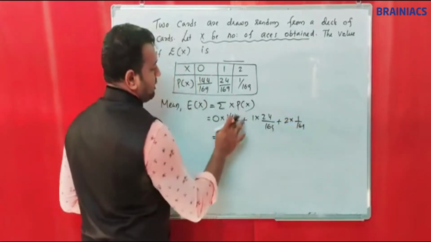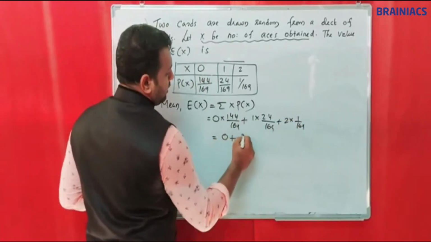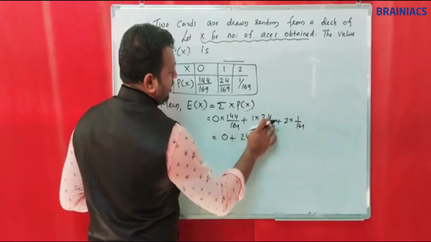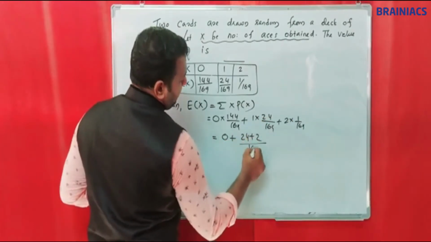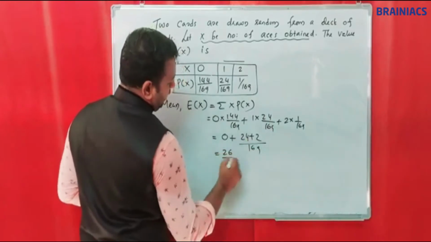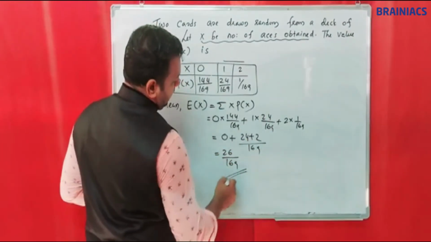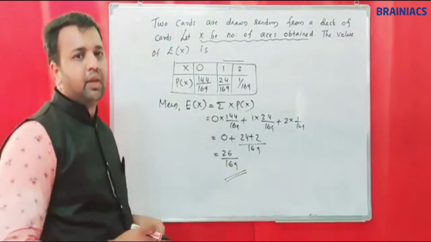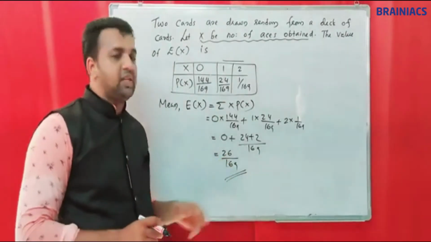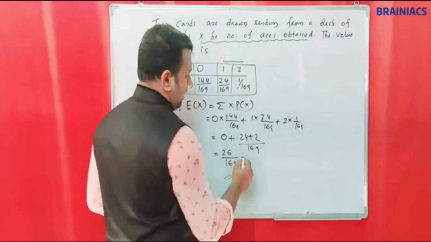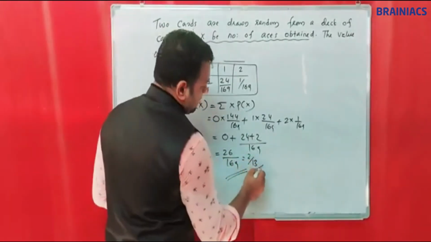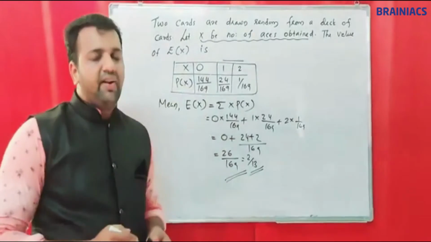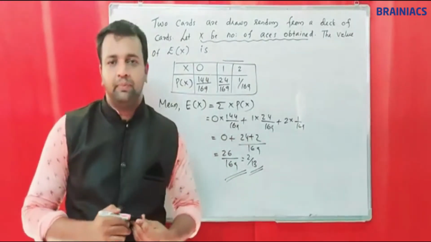So the answer becomes 0 plus 1 into 24, 24, plus 2 into 1, 2, all divided by 169. The answer is 26 by 169. Okay. Here 26 by 169, when divided by 13, we get 2 by 13 as the simplified, final answer. Okay.